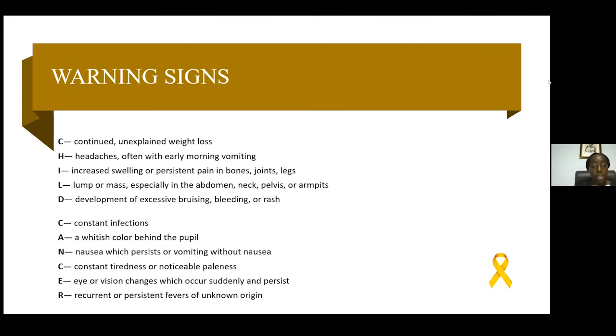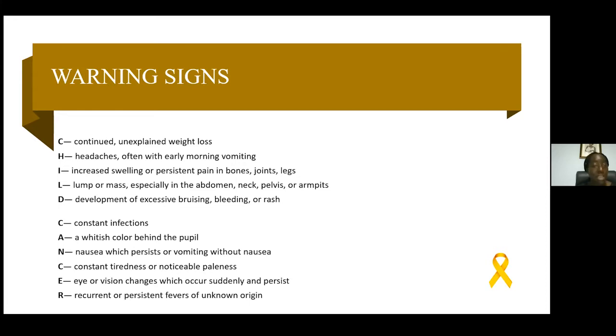Okay, so this slide is very important. It highlights the warning signs that are pointers for us to suspect malignancy in a child. If you have a child with an unexplained weight loss, this child is losing weight and presents to your facility, is eating very well, you have to expect that it could be a malignancy. A child with recurrent or persistent headaches, early morning vomiting.